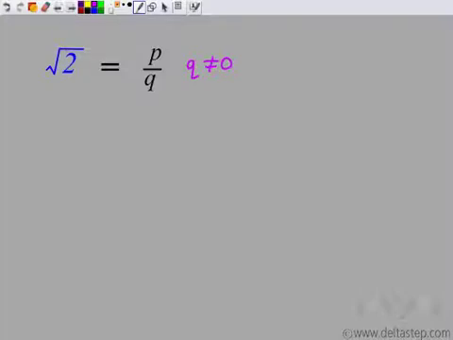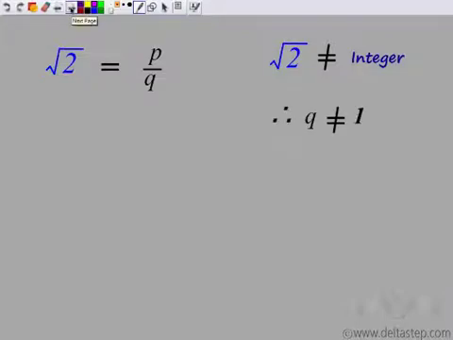If root 2 is not an integer, I cannot write it as root 2 by 1. That means q is not 1. P by q represents an integer only if q is 1. Since this is not an integer, therefore q is not 1.